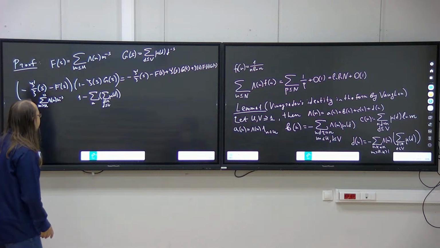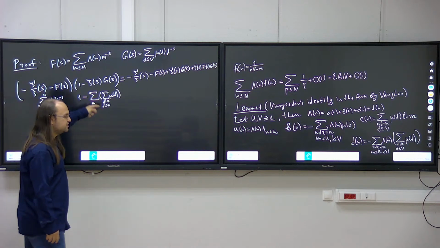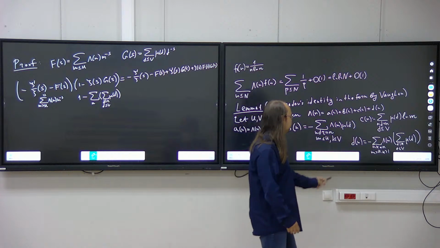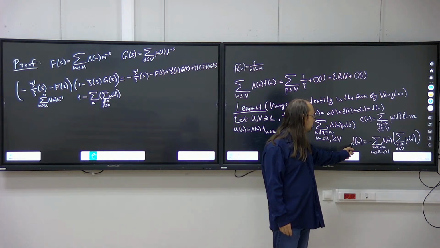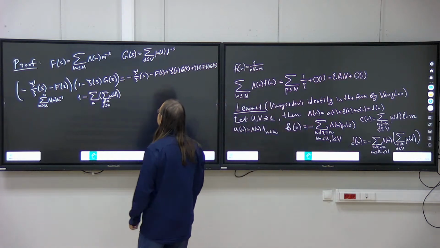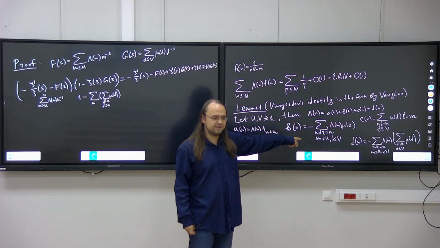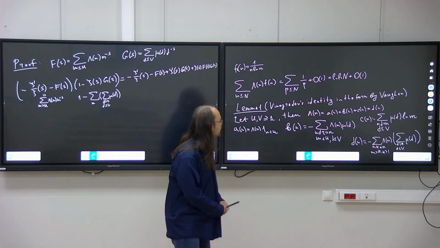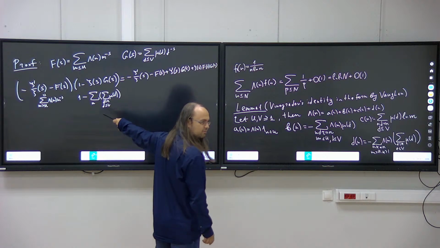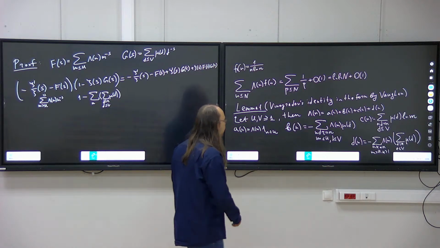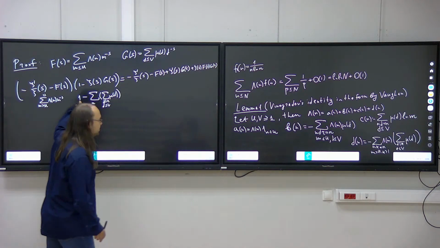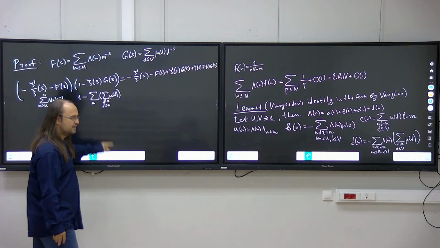And then if you take a convolution of these two series, you are going to get precisely d of n, right? Because you get lambda of m from the first one. You get k greater than 1 because you subtracted 1.